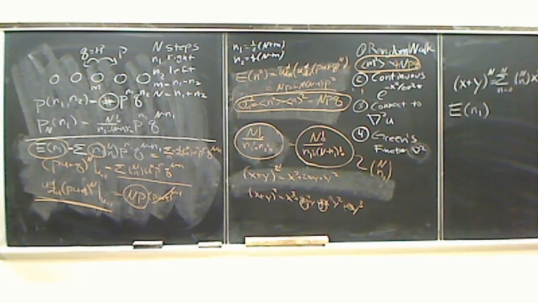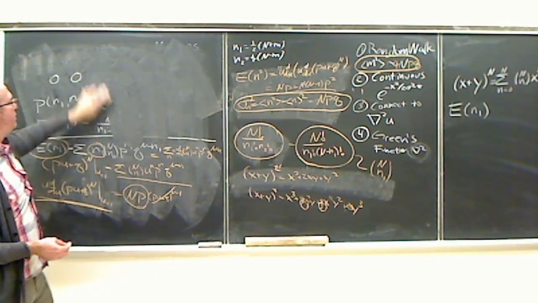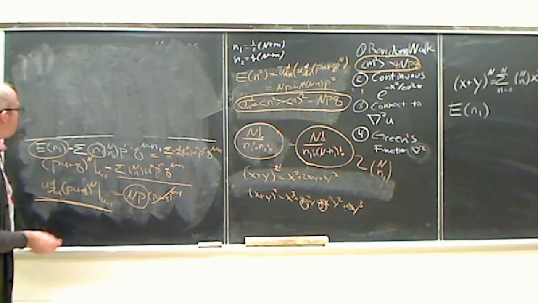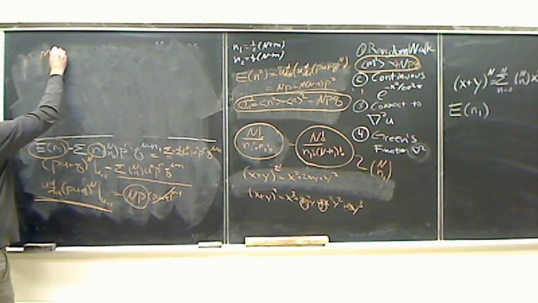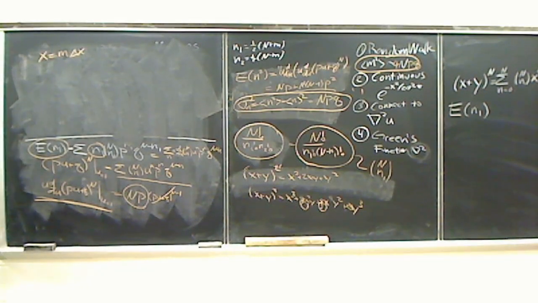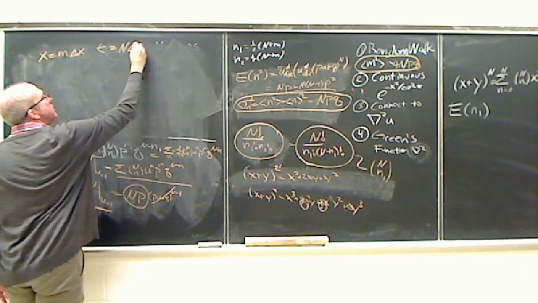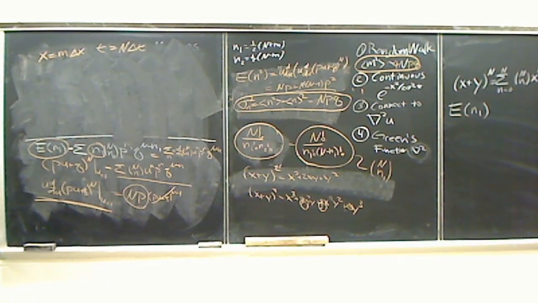So if I want to change this so that now I'm talking about position, I can say that x equals m delta x, where delta x is my step size, and t equals big N delta t, where delta t is my time quantum.